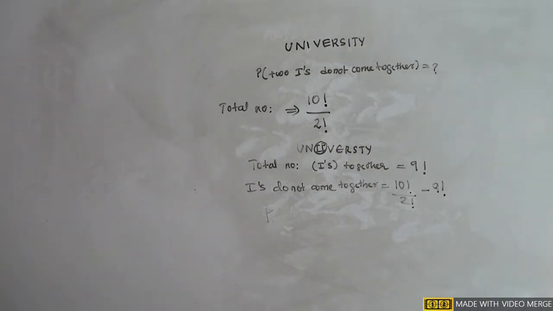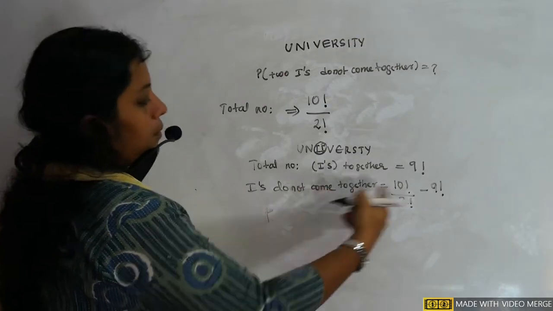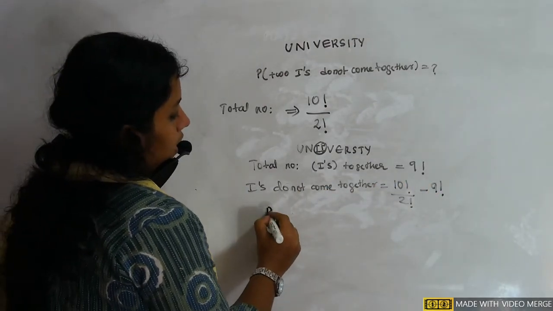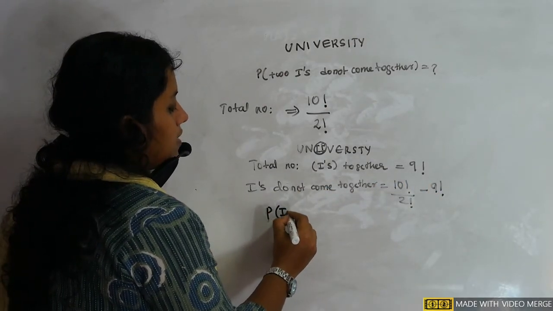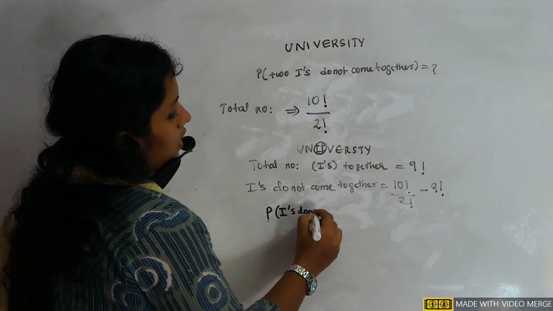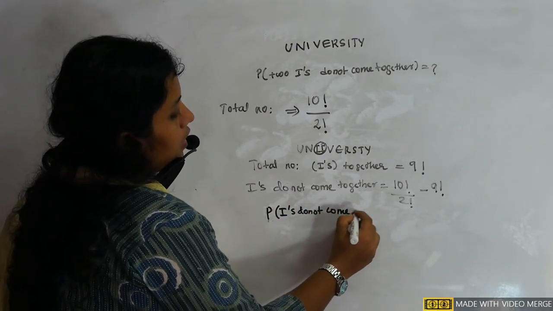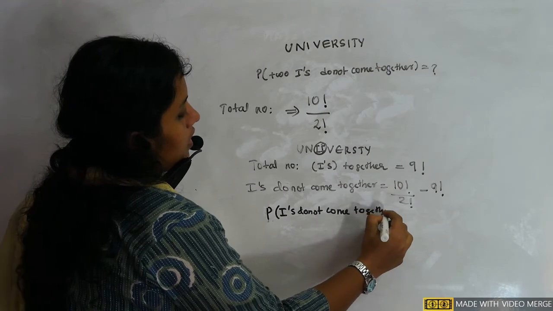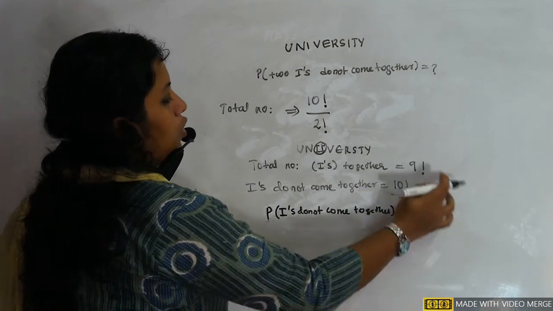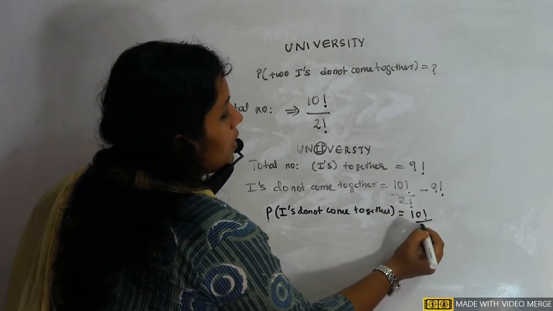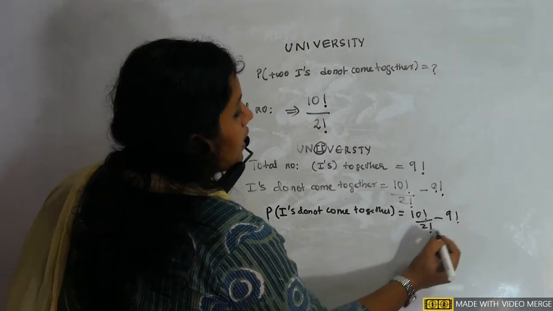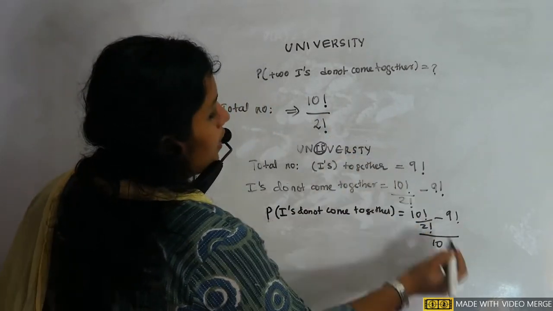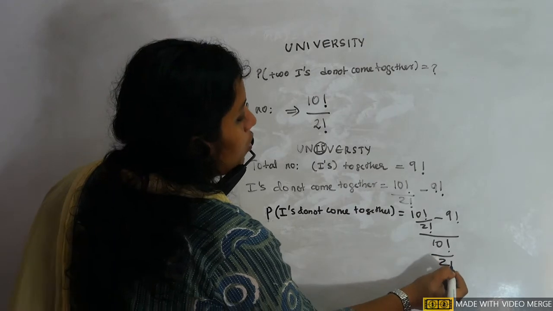So we have the number of ways in which the I's do not come together. How can we write the probability? P of the I's not coming together is equal to 10 factorial by 2 factorial minus 9 factorial, divided by the total number, that is 10 factorial by 2 factorial.